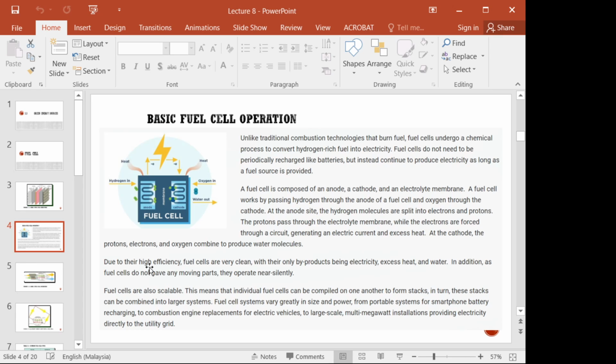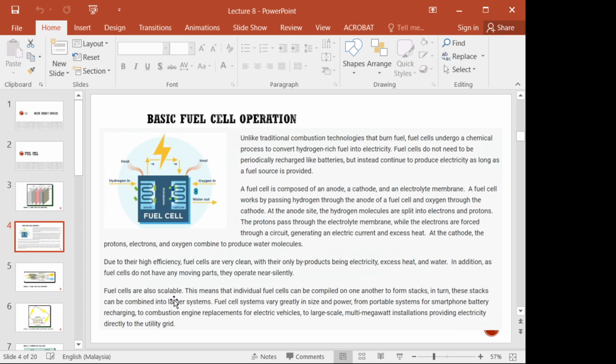This fuel cell has high efficiency and it is very clean. Its byproducts are electricity, heat and water. And fuel cells do not have any moving parts, and they operate silently.